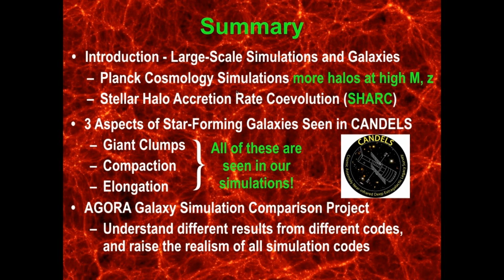Star formation occurs on much smaller scales than that, AU type scales, astronomical unit scales. So it's not possible for the different codes to adopt the same assumptions regarding feedback and star formation. Those are code dependent. And one of the things that we're going to learn by comparing the codes with each other and with the observations is which of these assumptions are better.